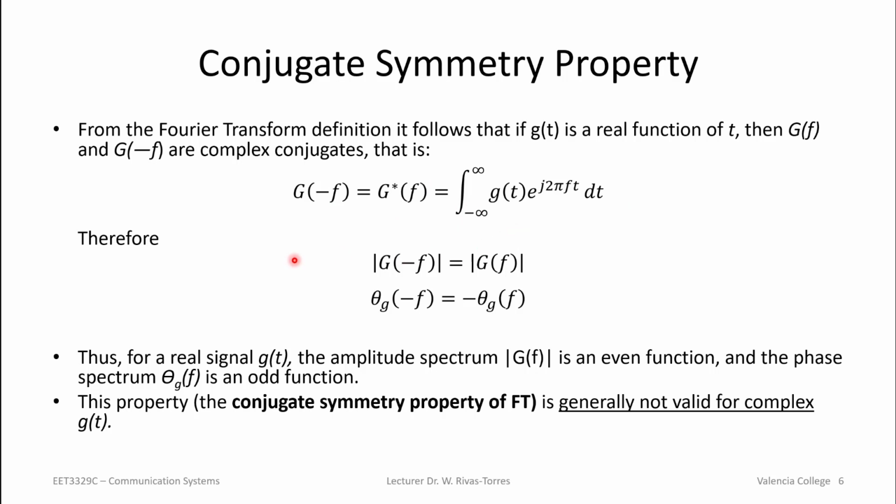Which leads us to this other property, which is quite interesting. It says that the magnitude of the Fourier transform at minus f equals that of the regular Fourier transform, and the phase at minus f is minus the phase of the regular Fourier transform.